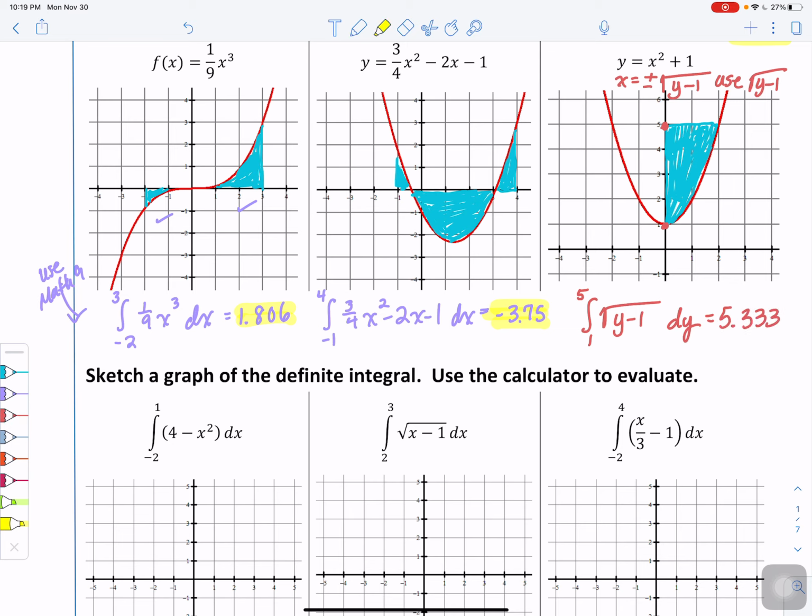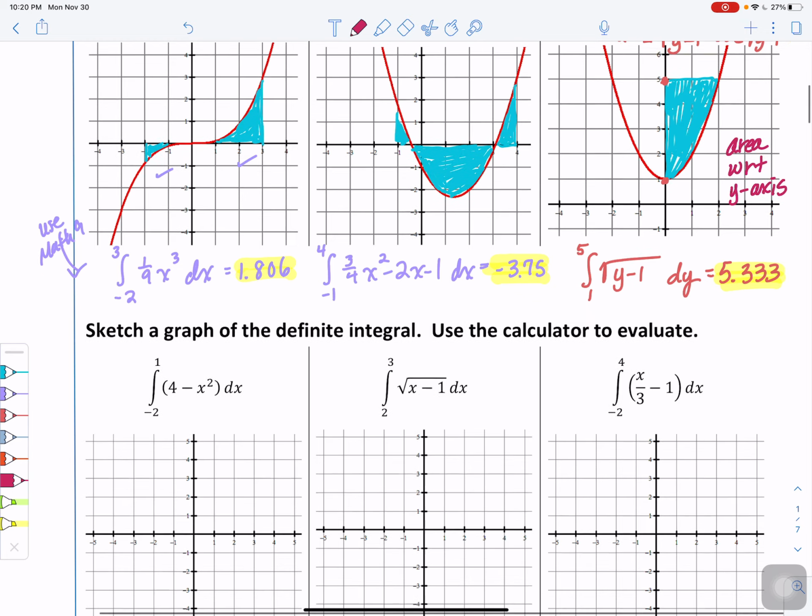Okay? Again, we will be coming back to that when we find volumes of rotation. But for now, I just wanted you to see we need area with respect to an axis. And that is area with respect to the y-axis.